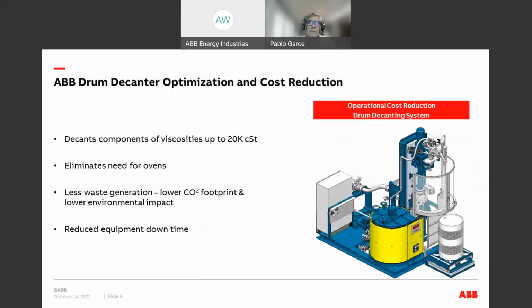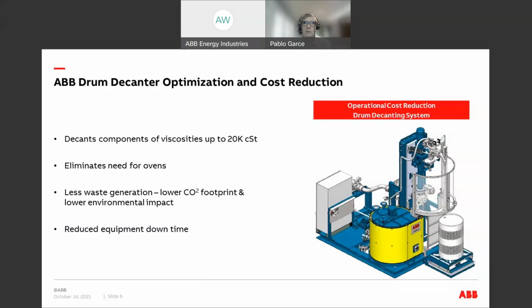Typically, we have focused on the savings produced by a drum decanter. So we have traditionally looked at how good the machine can decant the drum components, what's the cycle time, what's the residual quantity left inside a drum after we rinse it.